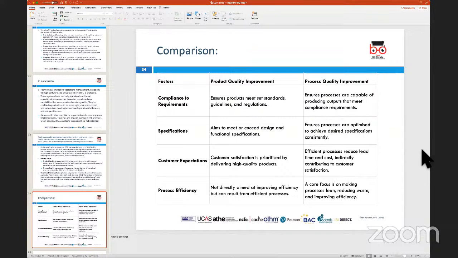And then how improvements can essentially be done by looking at these two different sides of quality by operations managers. Now, there will be people in quality assurance, and there'll be people in operations management who would probably be looking at these processes differently. And this table gives you a bit of an idea in terms of how the comparisons can be done.